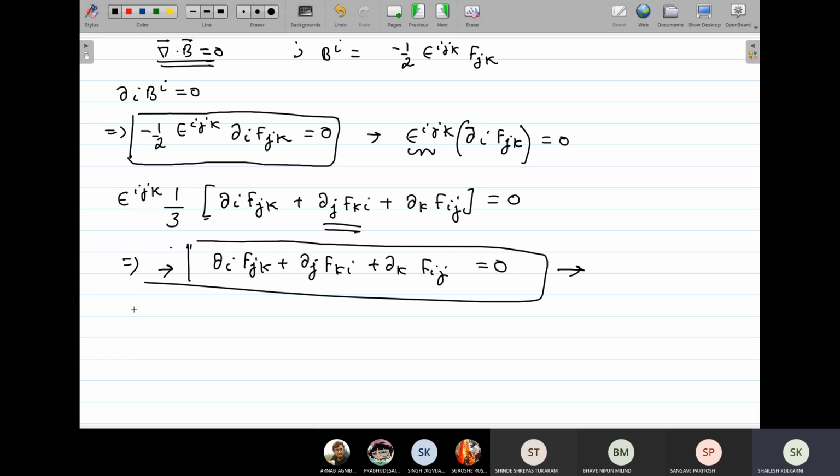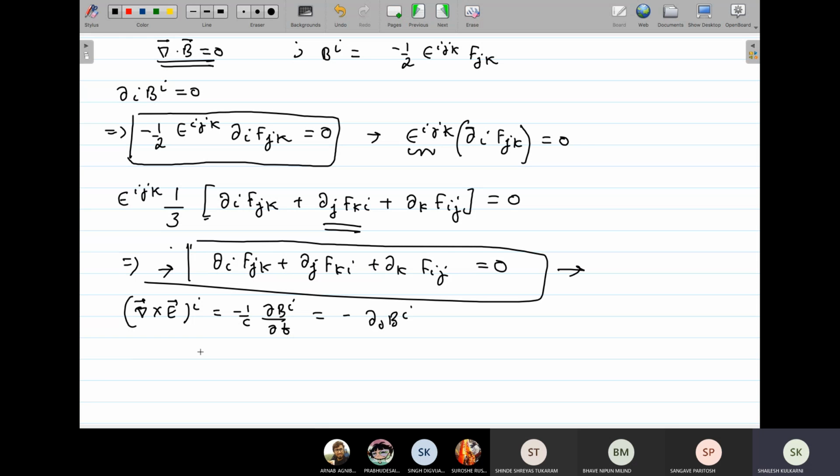Similarly, you now consider the ith component of del cross E, that is, del cross E ith component minus 1 over c ∂B_i/∂t, which is minus ∂_0 B_i. And I want to convert it into something like this. Let us see how to convert.